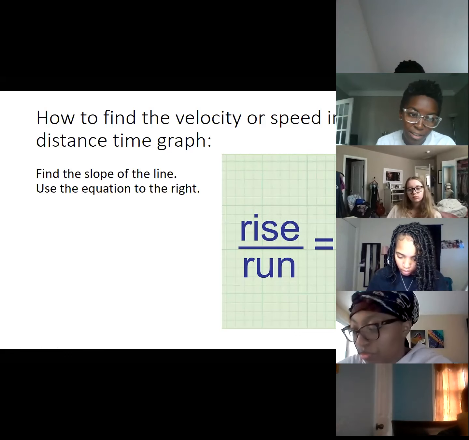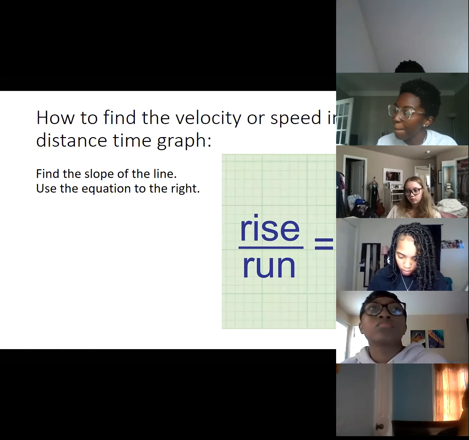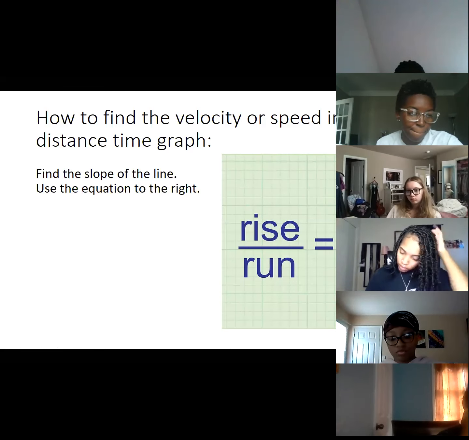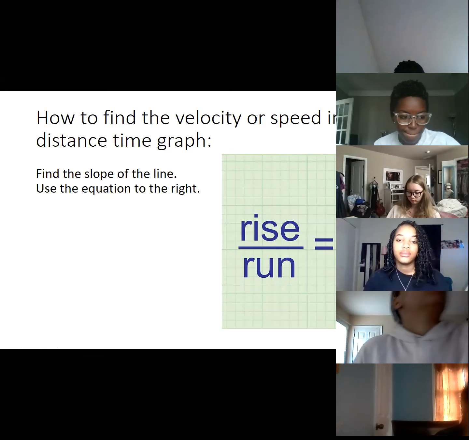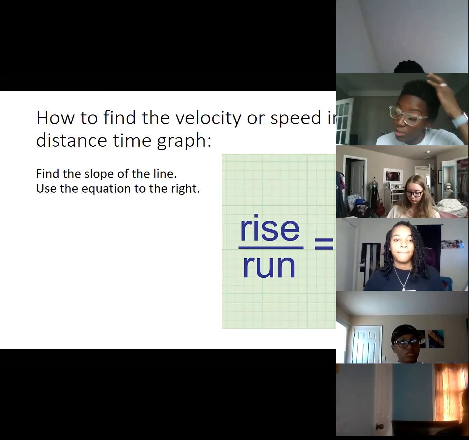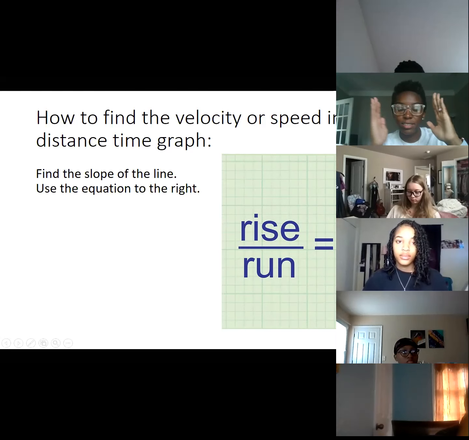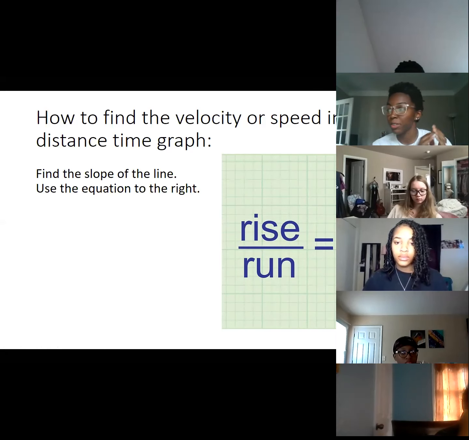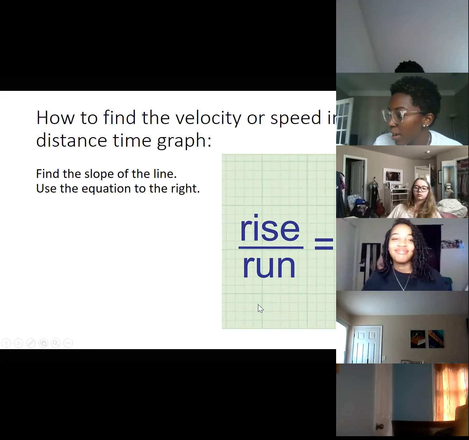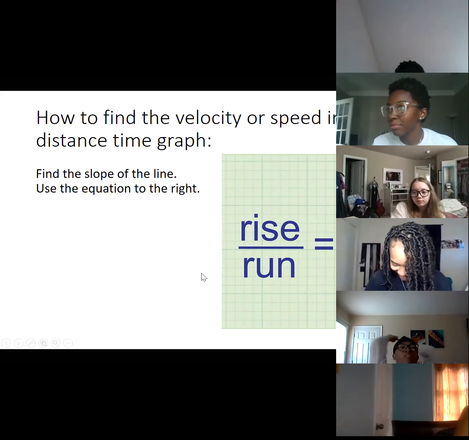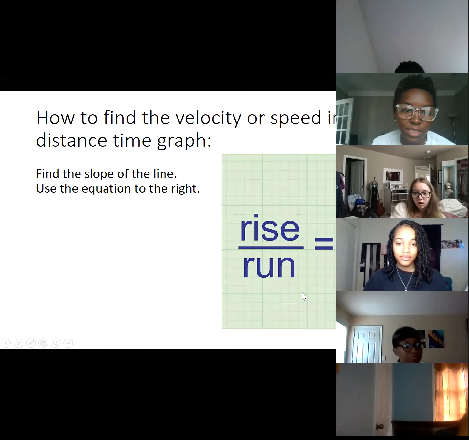X1, Y1 would be for the point that is closer to the origin of 0, 0, so it would be down closer to here, and X2, Y2 would be whichever one is further out. Anybody still writing on this one?